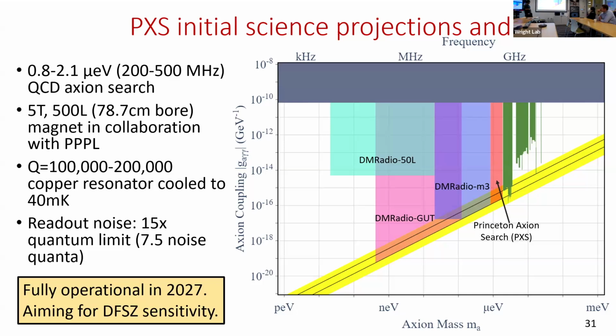We're aiming to have a copper resonator, so that aluminum is a test, and then we're basically going to take all the lessons we learned from that and make a copper resonator, target Qs of between 100,000 and 200,000, cooled to 40 millikelvin, and a total system readout noise of 7.5 added noise quanta, and we're aiming to be operational in 2027. And aiming for DFSZ sensitivity, as you can see in this red band here.